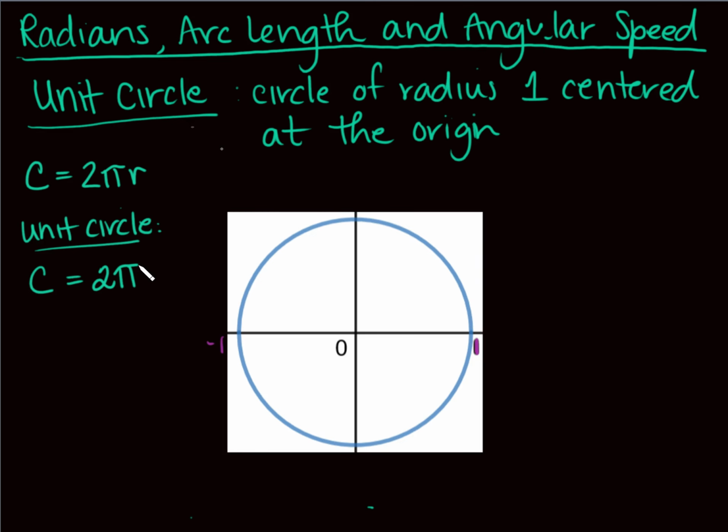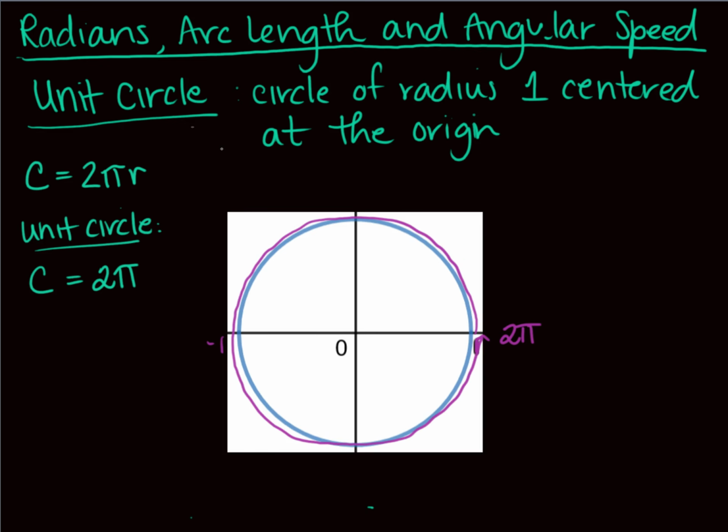So all the way around the circle, that distance right there is going to be 2 pi.